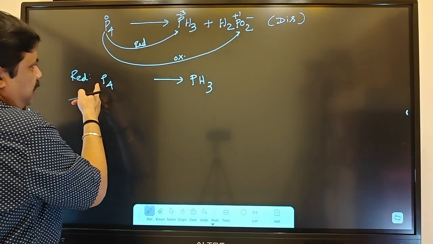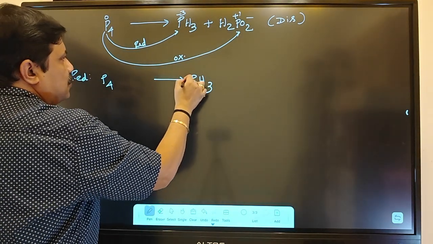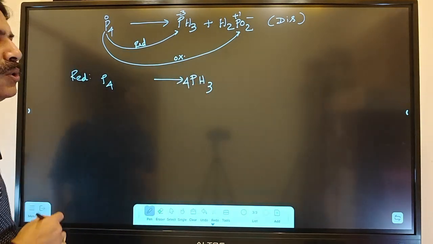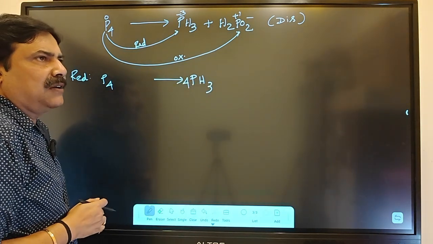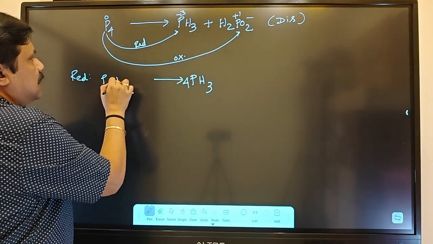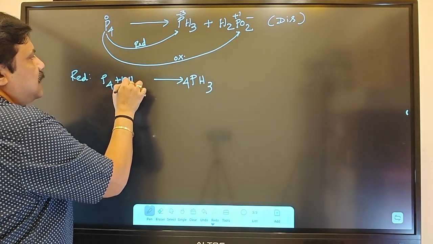Obviously I have 4 phosphorus, so I give you 4 PH3. With 4 PH3, this side has 12 hydrogen, so I write 12 H plus here.